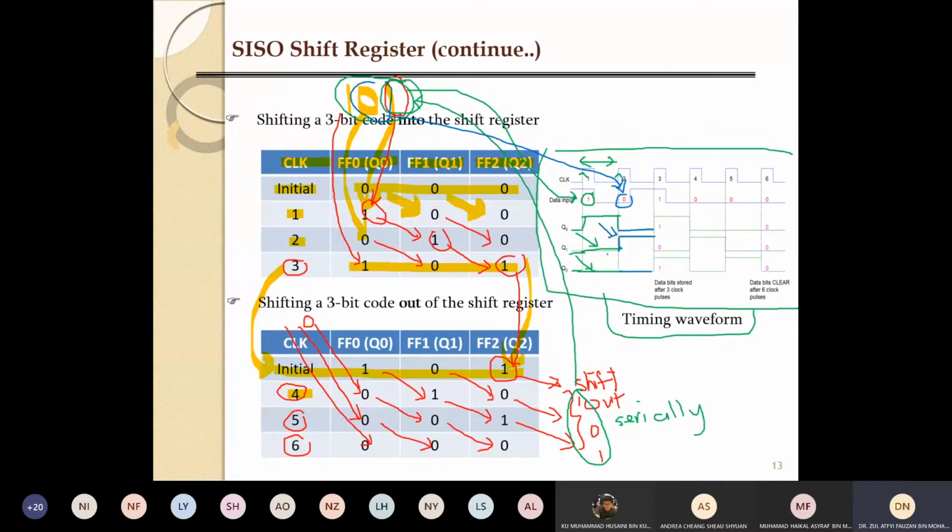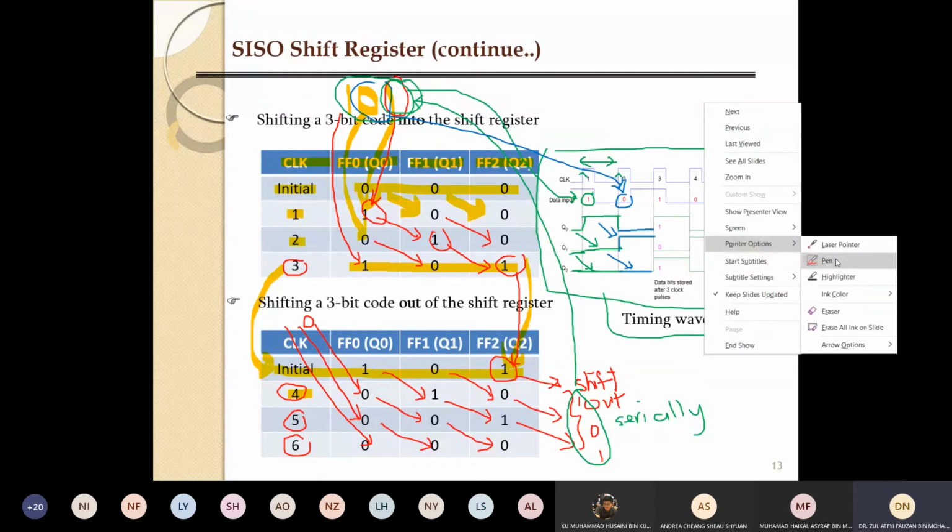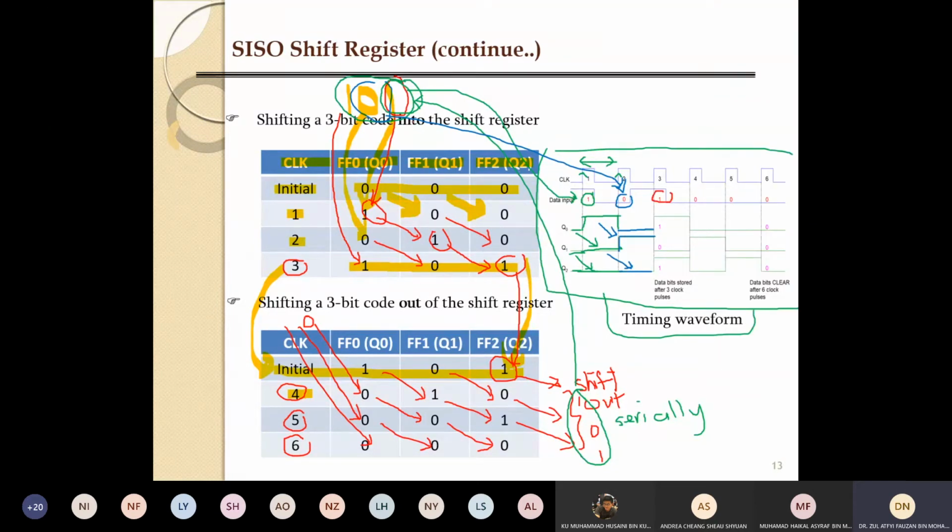This 0 comes from this one. Then at the third clock we have data input 1, so Q0 will be 1 because this is a D flip-flop. This 0 comes from here, and this 1 shifts from here.